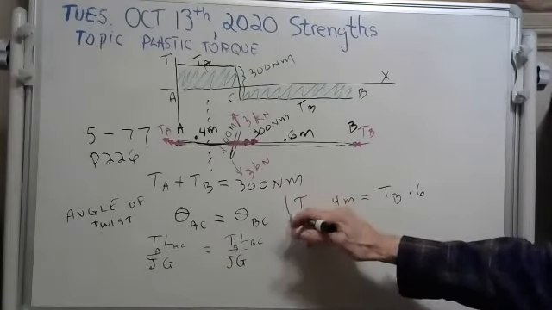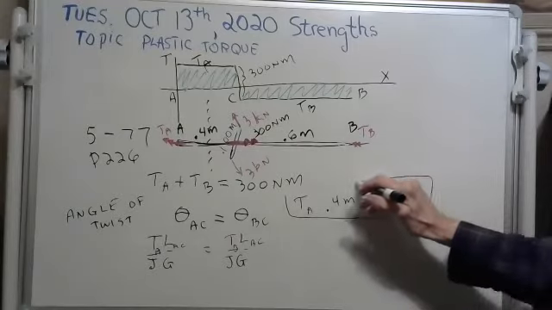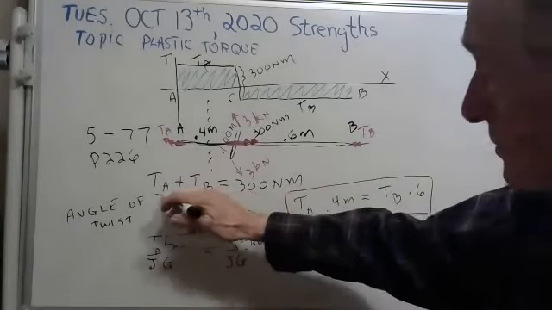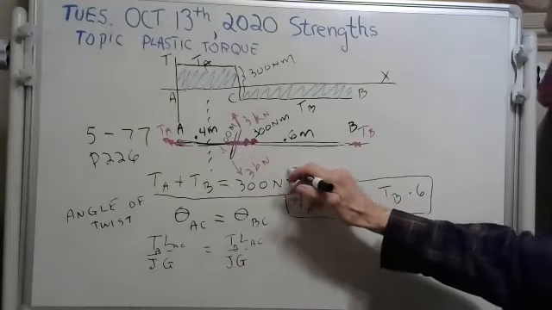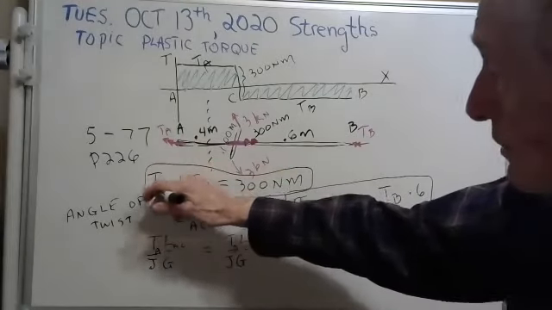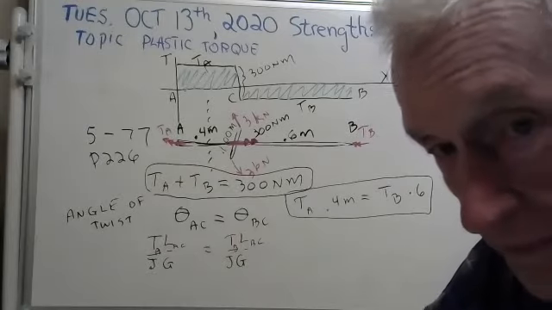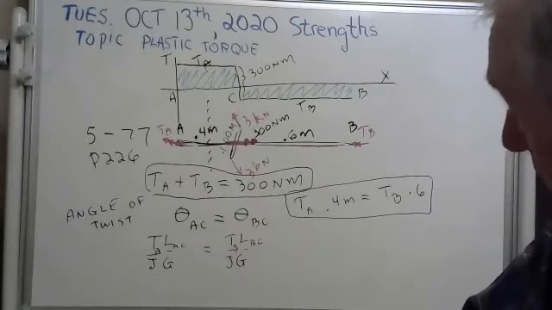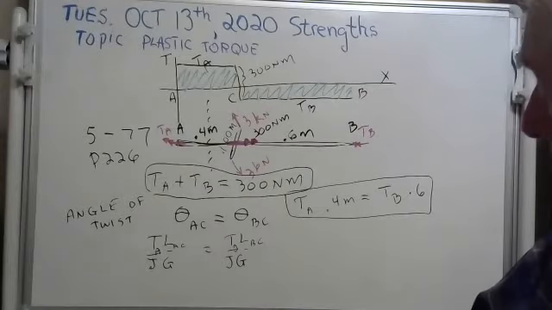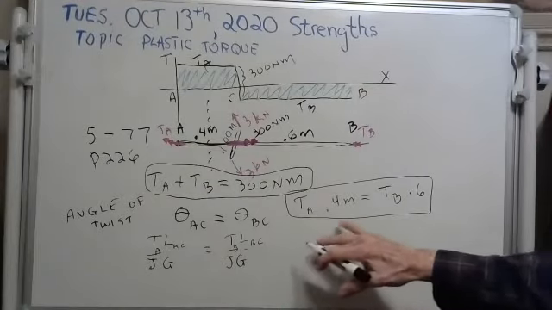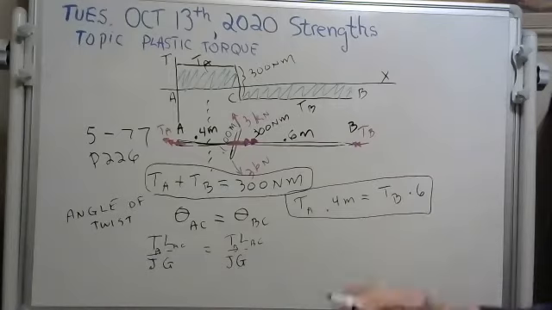Okay, now let's box up our equations. Look here, we have two equations and two unknowns. We can do this. We took algebra in school. So let's see, TA would be what, 1.5 TB?